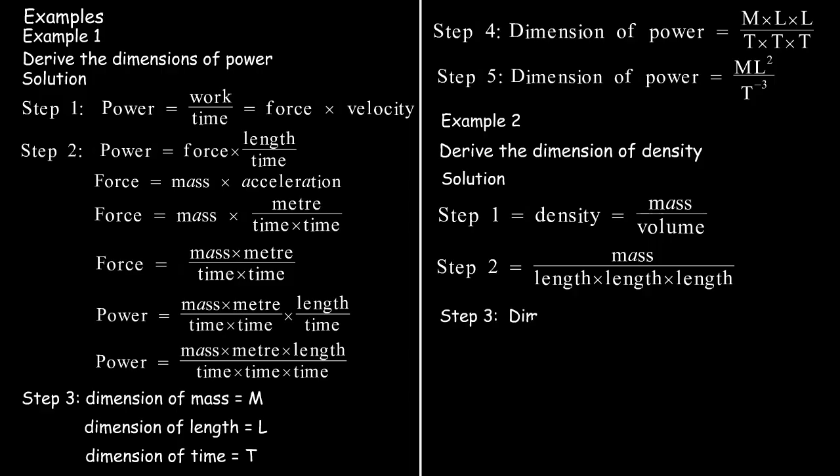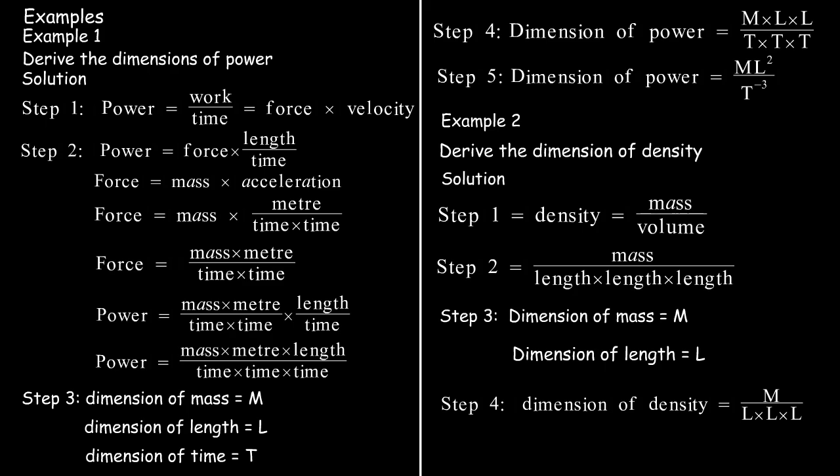Now for our step 3, the dimension of mass, the abbreviation for mass, is M, and the dimension of length, the abbreviation for length, is L. So substituting M and L into step 2, the dimension of density becomes M divided by L times L times L, and since we cannot simplify it further, our step 5 and our final step, dimension of density will be equal to M divided by L cube.